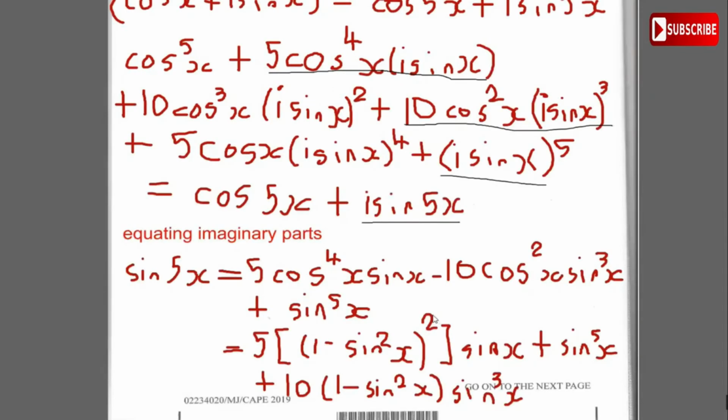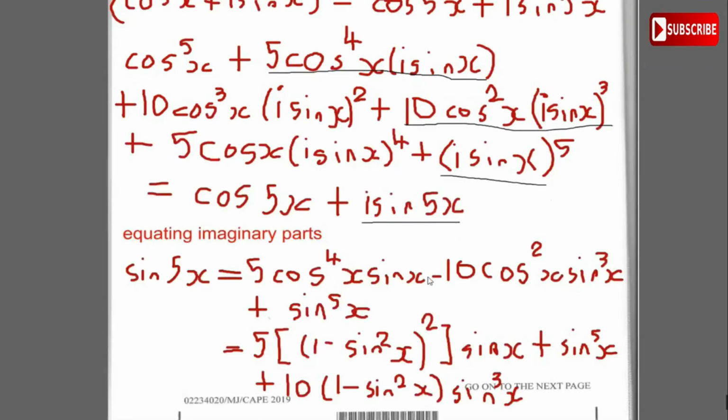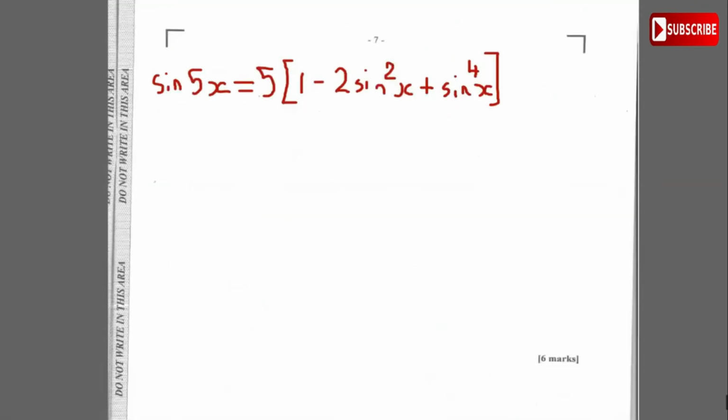First term squared is 1, minus twice the product of the two, so it will be, this shouldn't be 4, this should be 2, plus the second term squared. Now sin squared will give us now sin to the 4 of x. So we get that when we expand the square. And remember, this is now being multiplied by sin x. We can just put the sin x here.